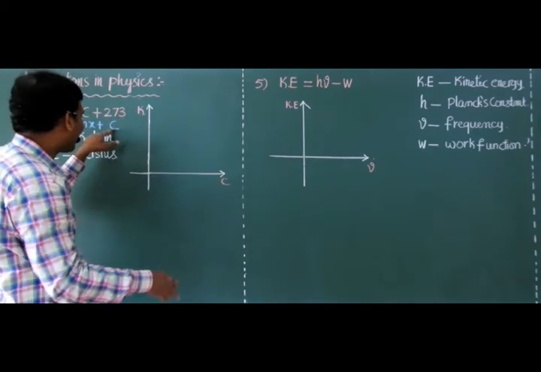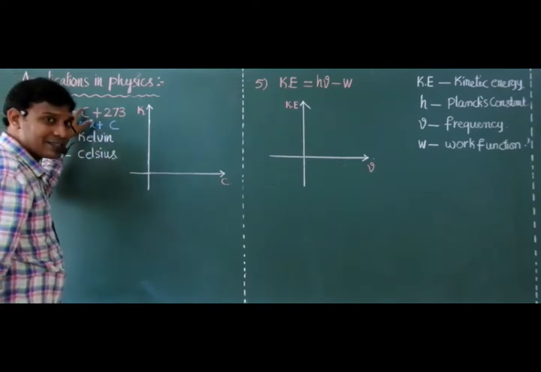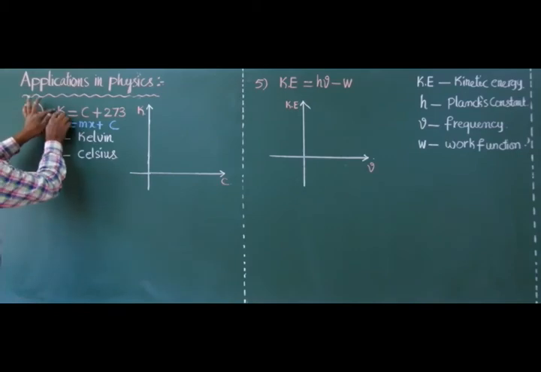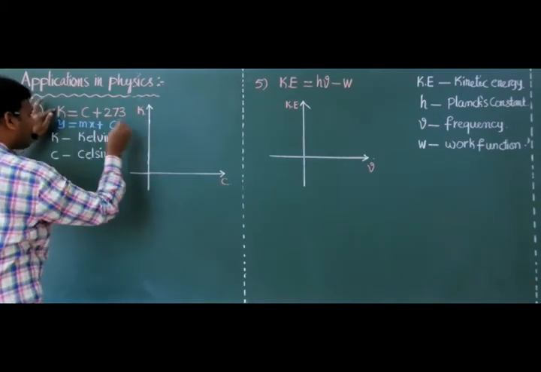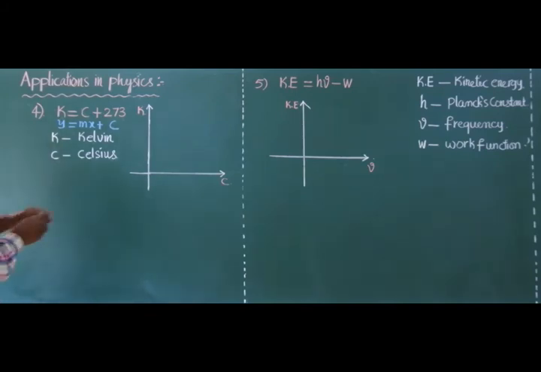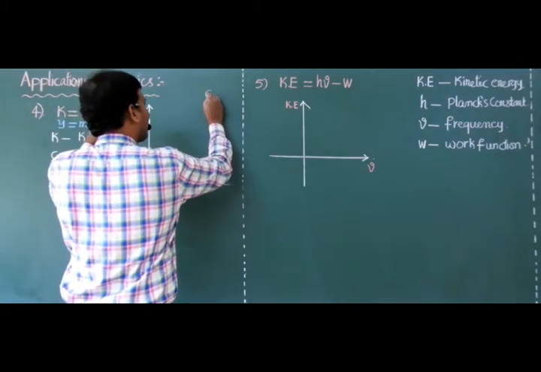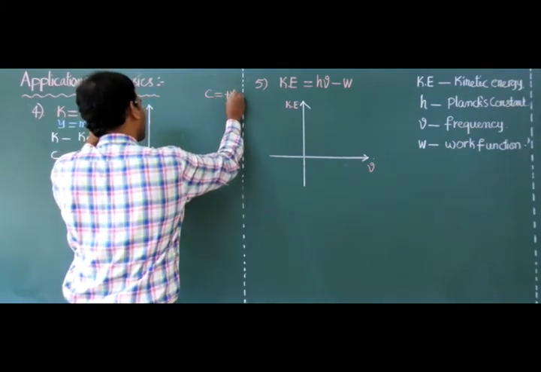I told you clearly already in the last application. Here C is the intercept. Here C is Celsius. Clear? Right. Then K is y, C is x. Here this intercept is plus 273 or minus 273? Plus 273. The intercept is positive. Fine.